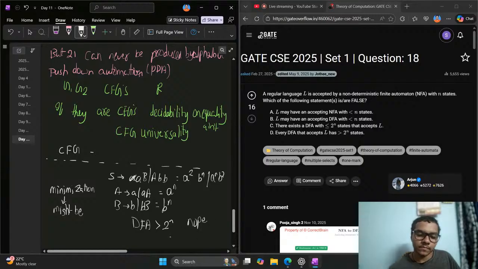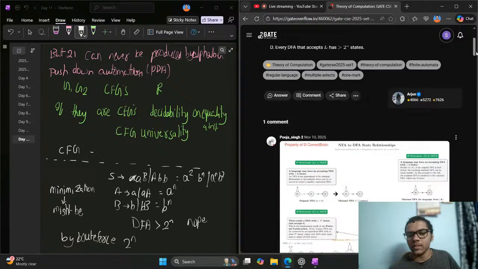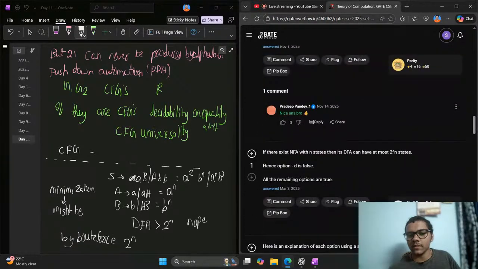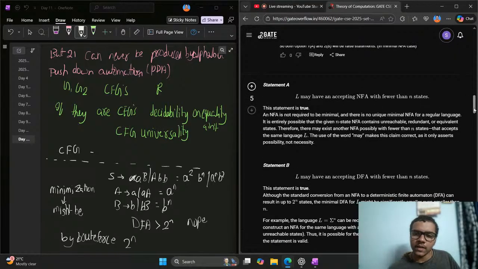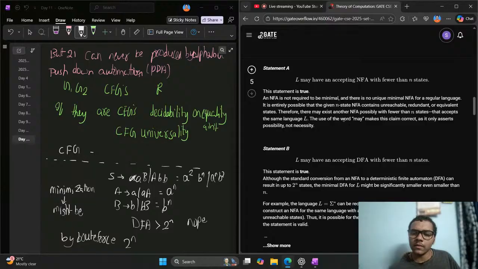No, by brute force itself, you have only 2 power n states. So D is false, even if it is multiple select. An NFA is not required to be minimal; it can have unreachable, redundant, or equivalent states.